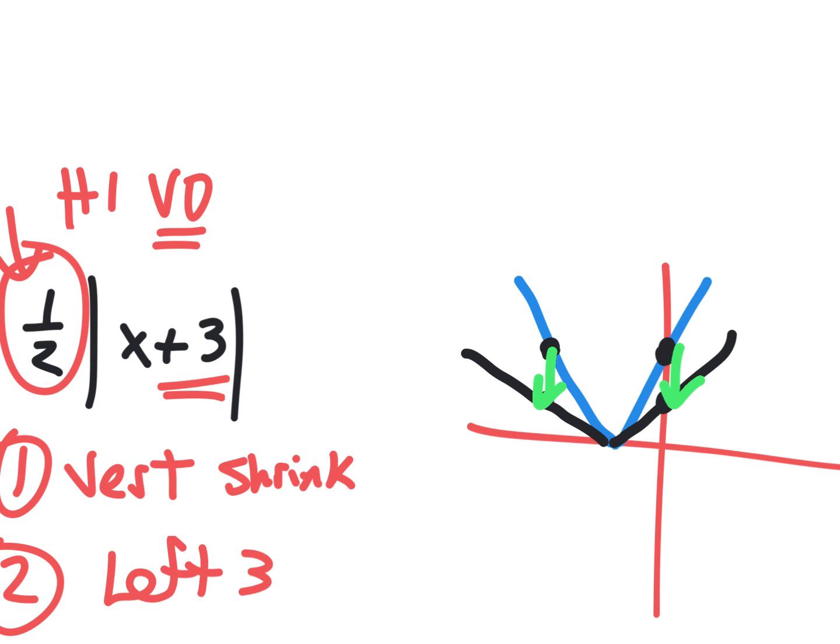If you took me and you squished me down to half as tall, wouldn't I get wider too? I know it'd be hard to picture that, but that blue one is the original one that got moved left 3, and this black one is the one that we finished with because it got half as tall. Remember, that spot there is 3 spots to the left.